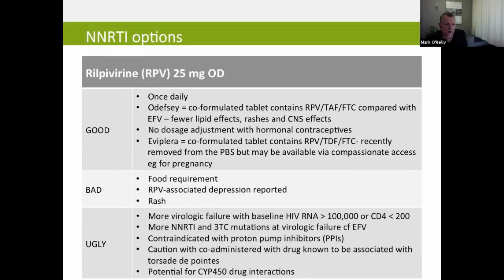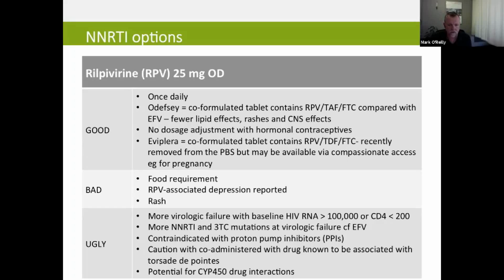Rilpivirine, which is an NNRTI, also comes as a 25 milligram strength. It's once daily. We have it now just as Odefsey, co-formulated with TAF and FTC. It was previously available as Eviplera, but that's been delisted from the PBS, but may be available via compassionate access in special circumstances such as pregnancy.